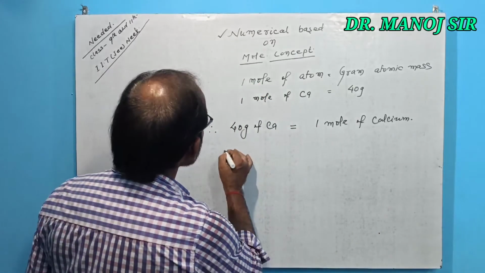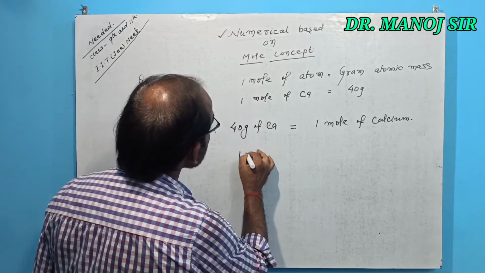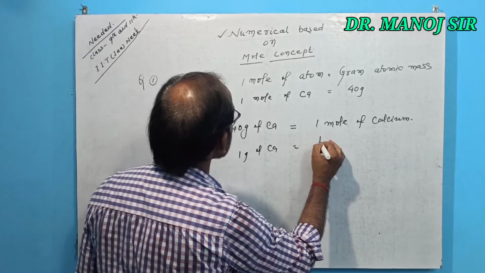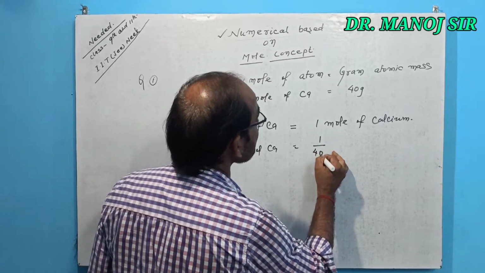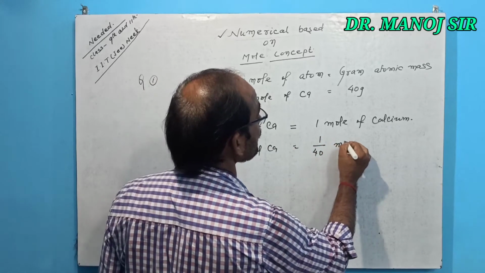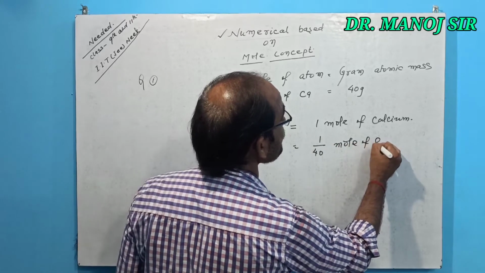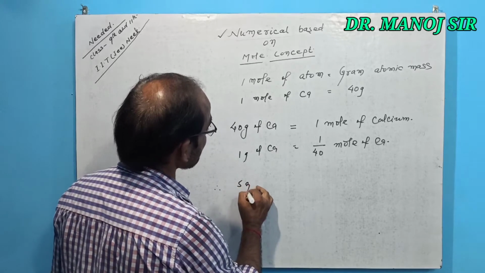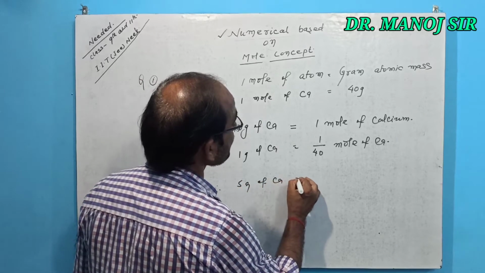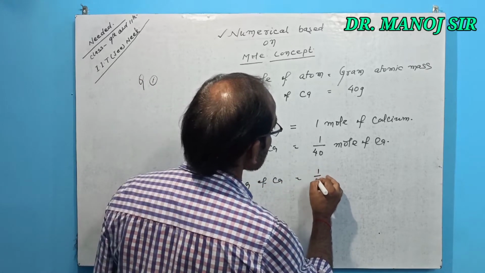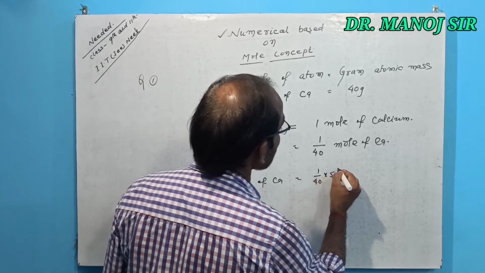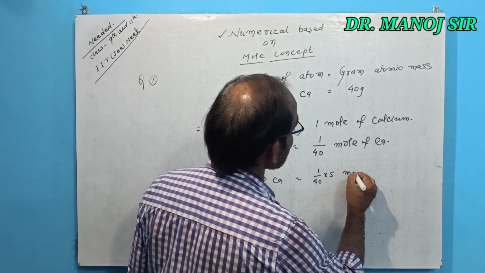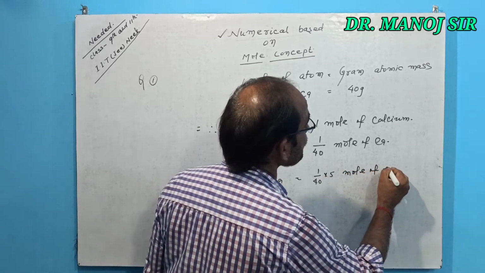Therefore, 1 gram of Ca equal to 1 by 40 mole of Ca, or 5 gram of Ca equal to 1 by 40 into 5 mole of Ca.